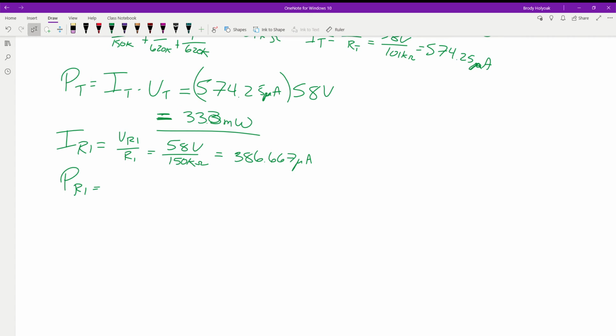Power for resistor 1. So current and voltage of R1 multiplied together.